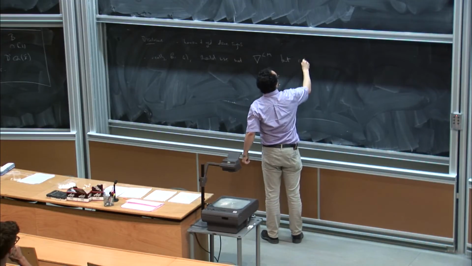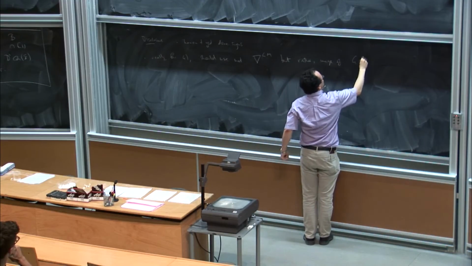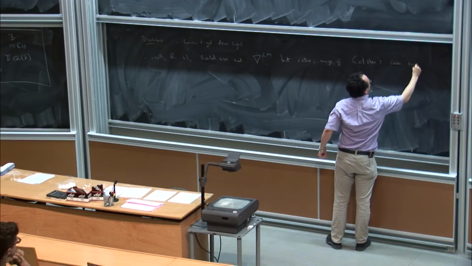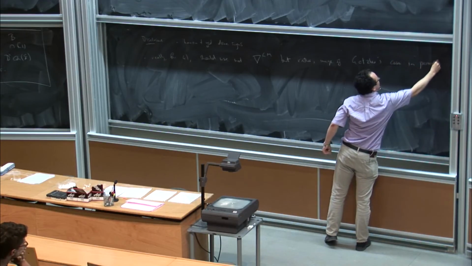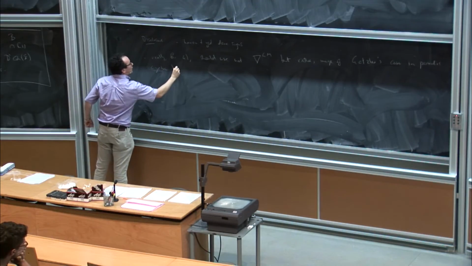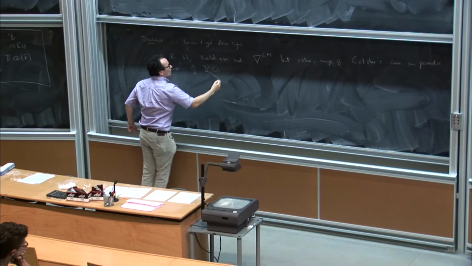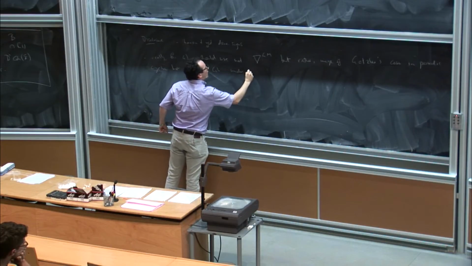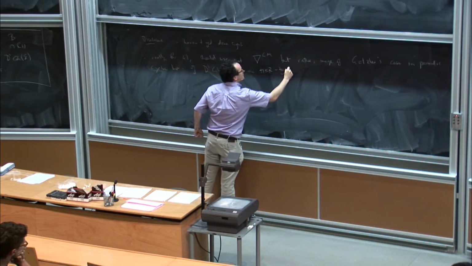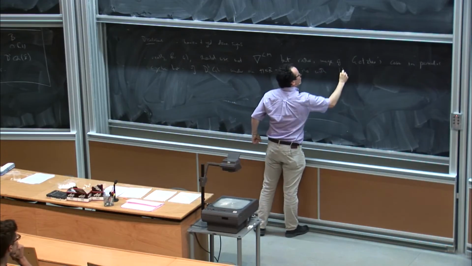But rather the image of Getzler's flat connection in periodic cyclic homology of the derived category under an HKR type, a Hochschild-Kostant-Rosenberg type isomorphism with the de Rham cohomology.